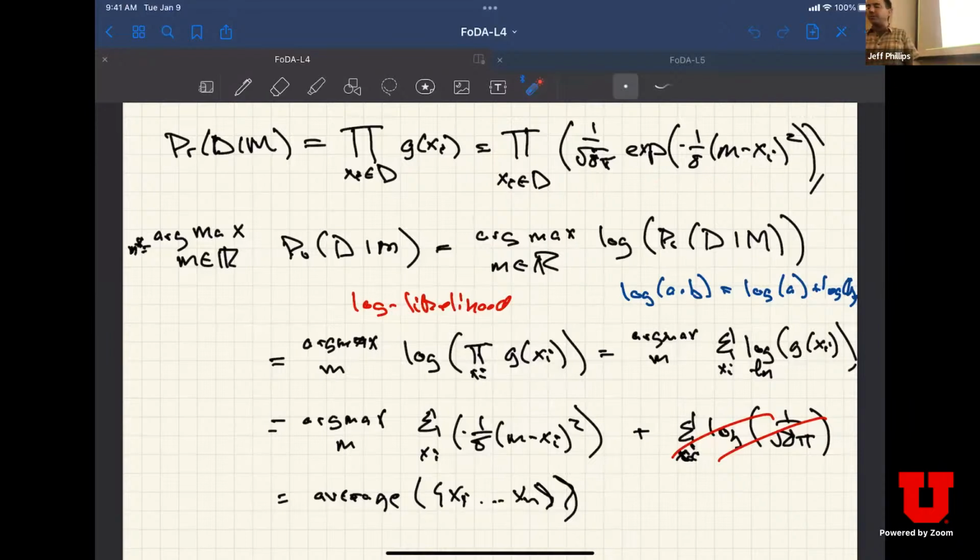And because they're independent, if I know that one of these, like this is the probability or the likelihood of seeing data point xi given this model M, right? And the model is parameterized by just the mean value, then I can write down the likelihood of seeing all of the data set as the product of these because they're independent.